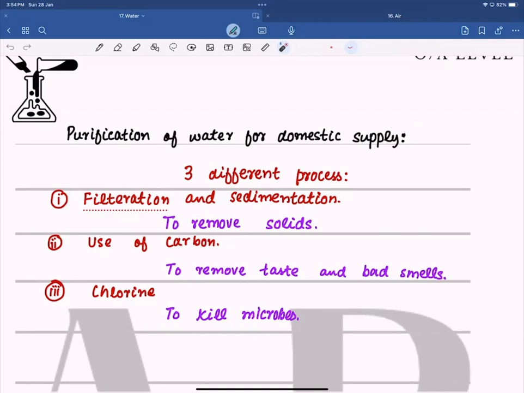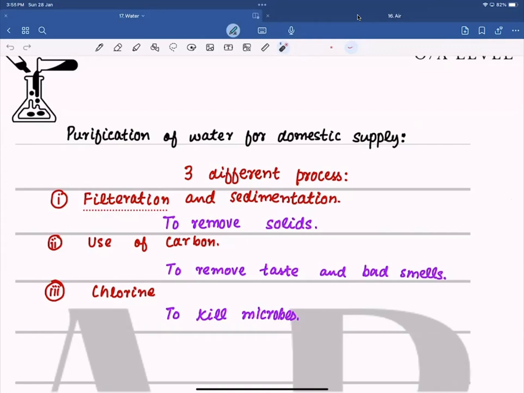Sir, what is sedimentation? Basically, filtration, you all know what is filtration. Sedimentation is when there are very big particles, we keep water in some places where we hold it still, there is no flowing of water.